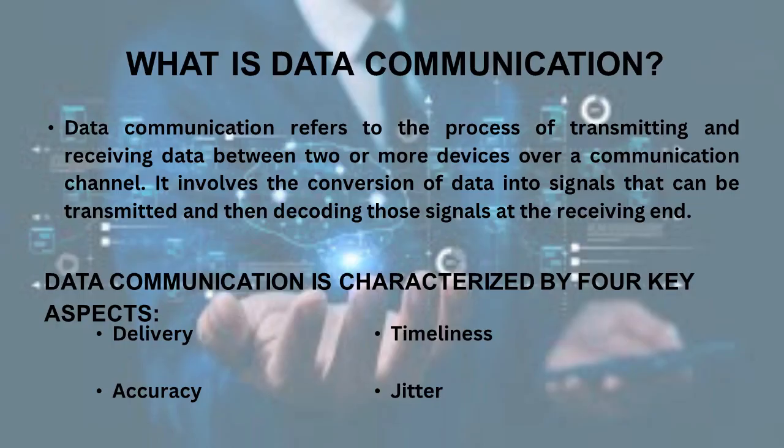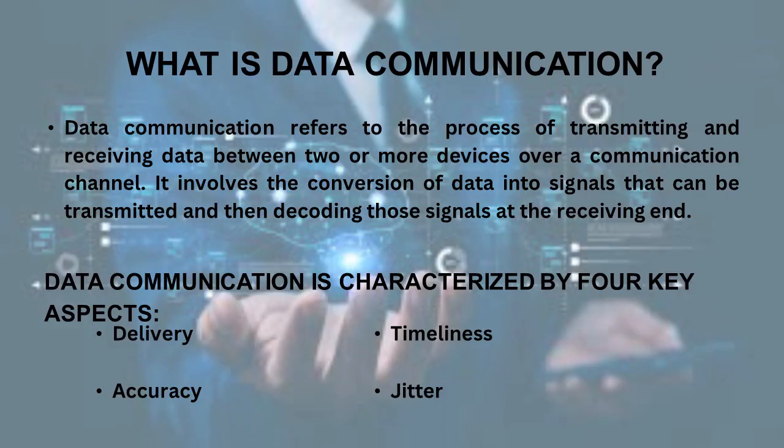In today's session, we are going to learn about data communication. What is data communication? Data communication means sending and receiving information between two or more devices like computers or phones.